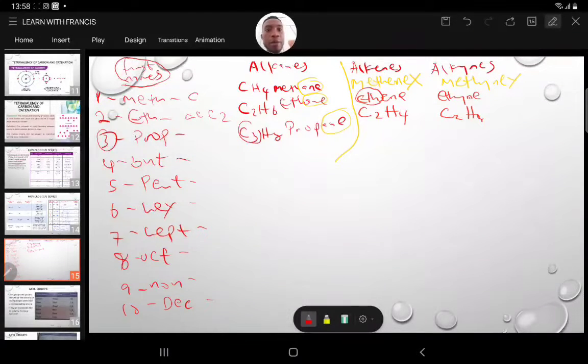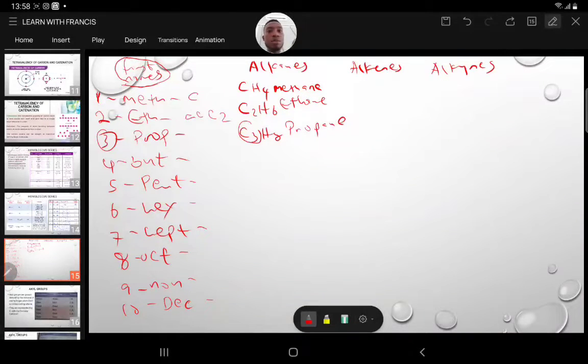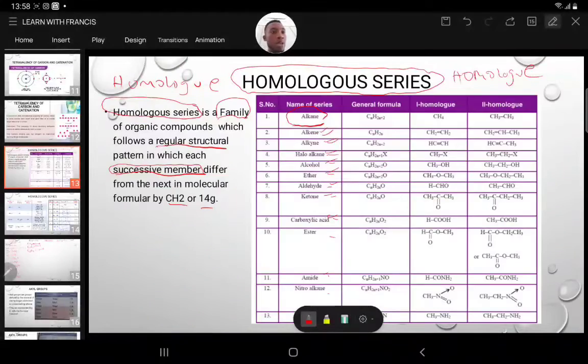So I'll quickly go back there. Now if you look at alkanes, you can see that this is their formula. This formula, CnH2n plus 2. Using this formula, you can get all their members.